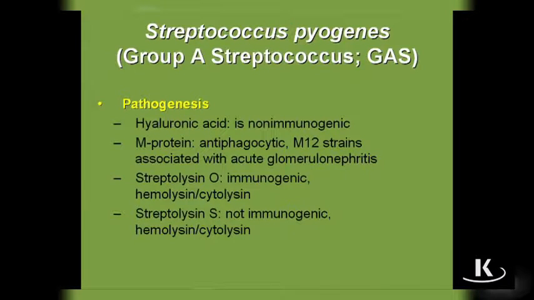Pathogenesis, again, you look at the virulence factors for strep pyogenes and you're like, man, there's a ton of stuff there. Agreed, there's a ton of stuff. Not everything you have to memorize though, all right? It has an M protein, and that functions in an anti-phagocytic manner.